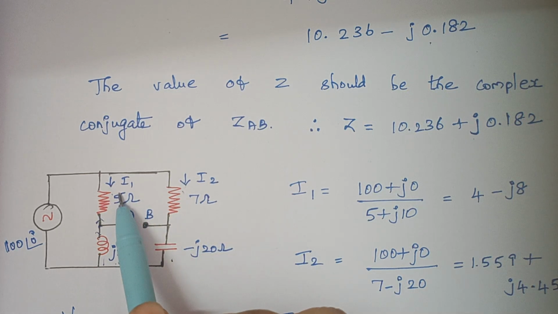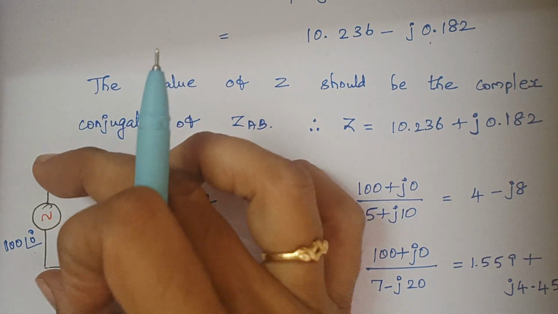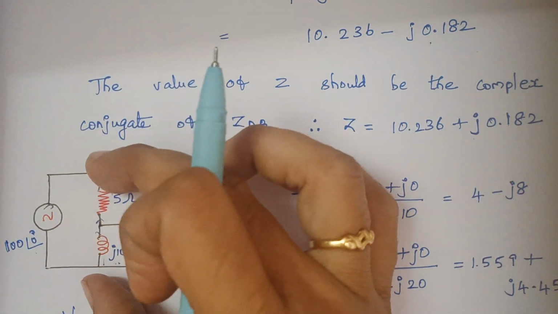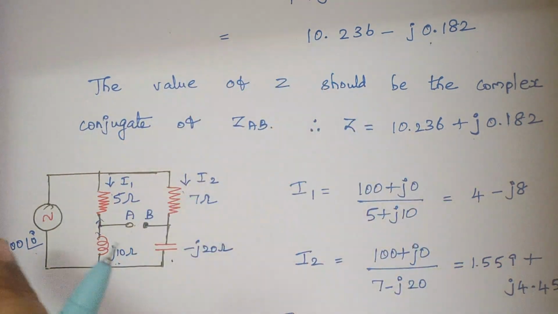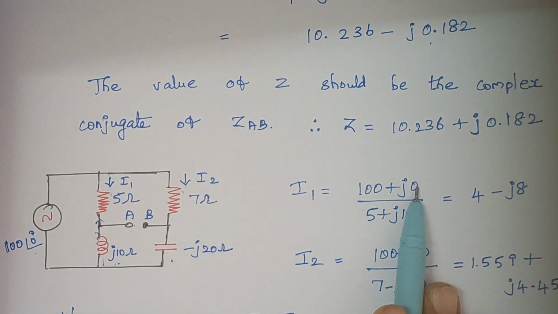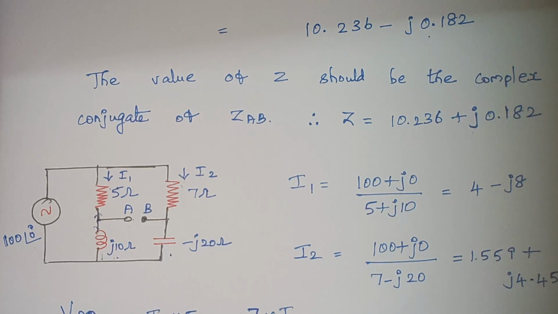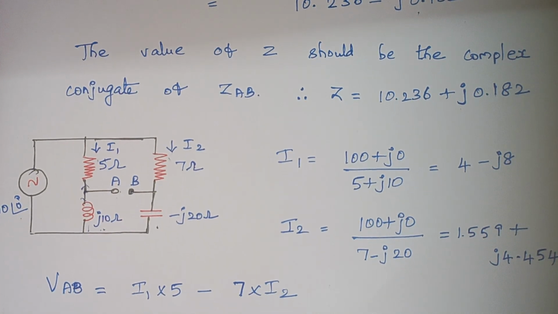So I1 is nothing but V divided by impedance, right? Because this 100 volt is impressed across this path as well as this path, because all these three are parallelly connected. Therefore, I1 is 100 by 5 plus J10, and I2 is 100 by 7 minus J20. Once you solve, here we are getting the answer like this.